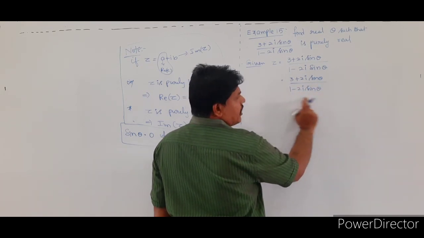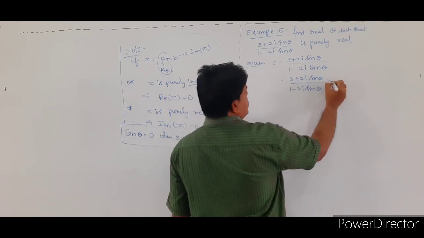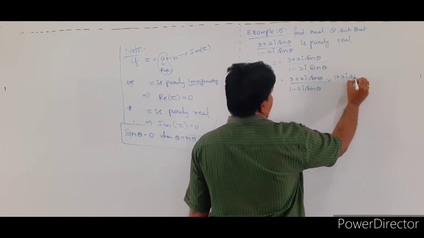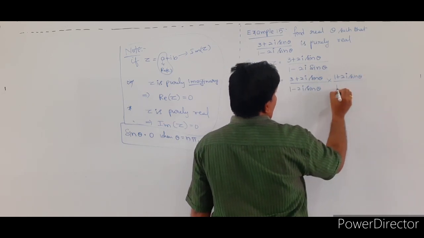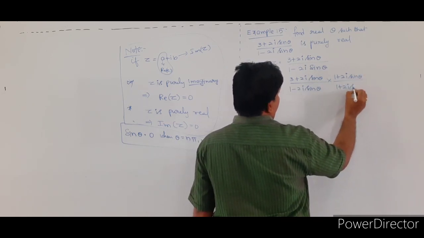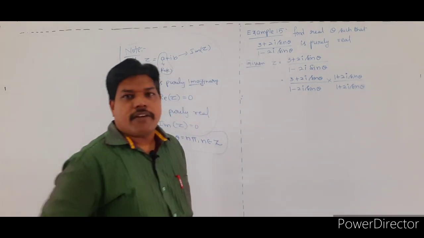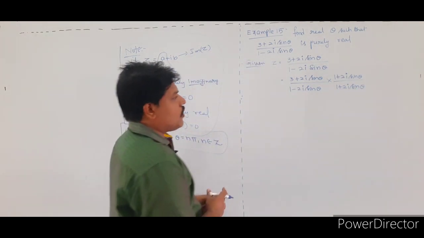In the denominator you have a complex number. Just multiply and divide with 1 plus 2i sin theta by 1 plus 2i sin theta.